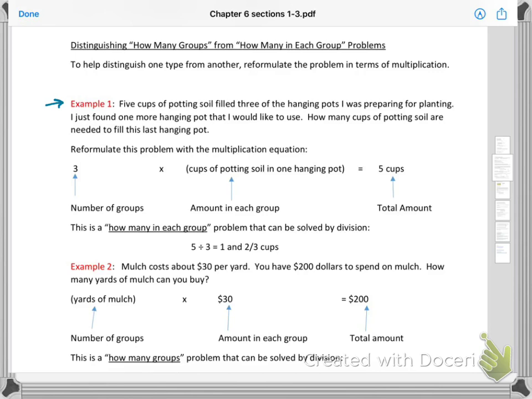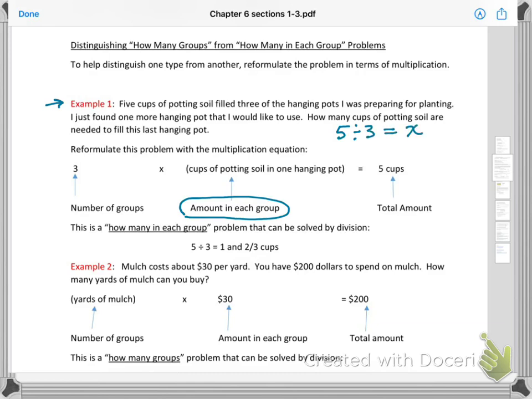Okay, so what are they asking us? We have to figure out how much we want to have in each pot. So this is a how many in each. And the groups in this situation are the pots. So look how I'm going to reformulate it. What I was having was the equation 5 divided by 3 equals x.